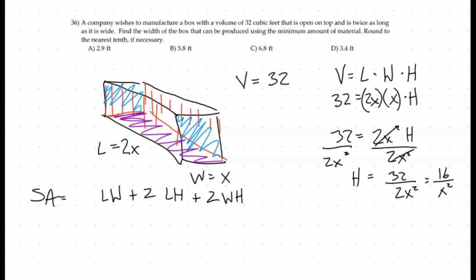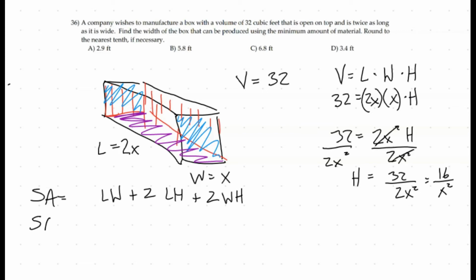All right, so now we're going to go back to this equation of the surface area modified for our open top box. And that, excuse me, that is what we're trying to optimize for. So we are going to make our substitutions.